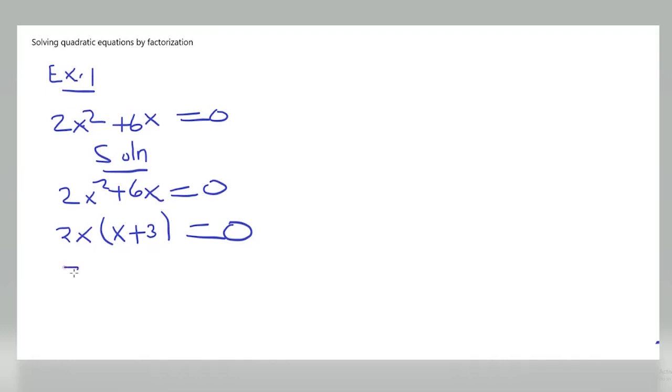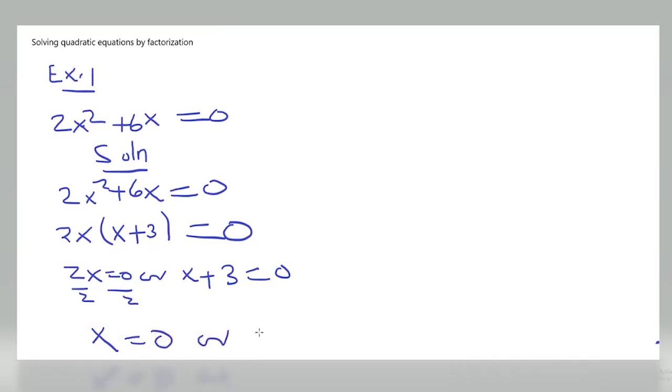Now this means 2x may be equal to 0 or x plus 3 is equal to 0. Over here, divide by 2, divide by 2. Therefore x is equal to 0 divided by 2, which is 0, or x will be equal to, when you move 3 to the other side of the equal sign, minus 3.